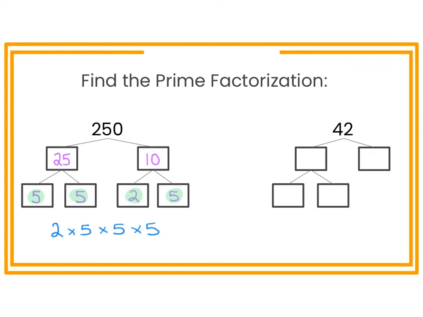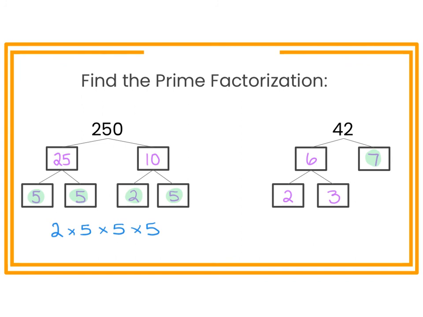Next, let's look at the prime factorization of 42. 42 can be broken down into 6 times 7. 7 is a prime number, so we can circle it. 6, however, is a composite number, so it needs to be broken down even further. 6 can be broken down into 2 times 3.